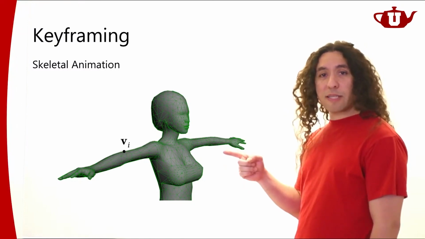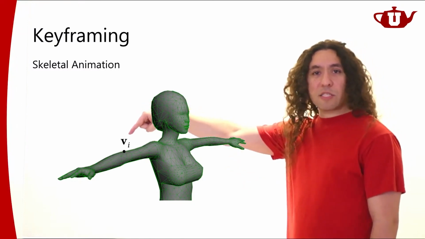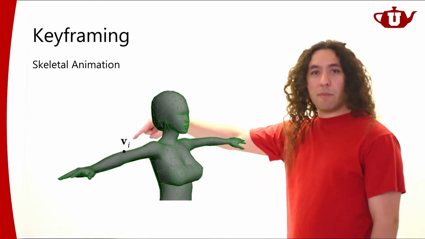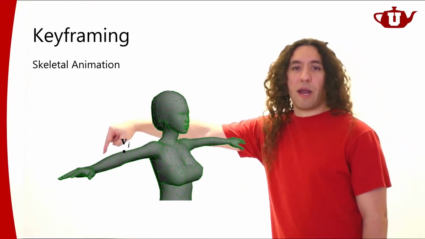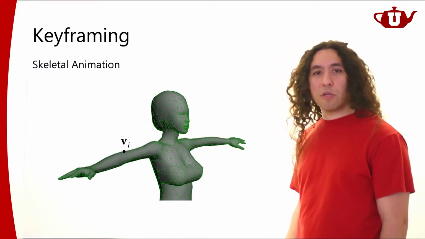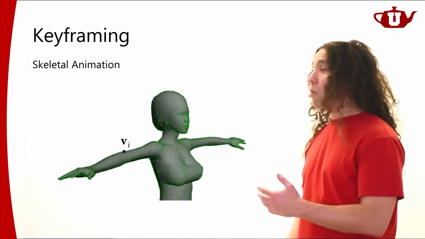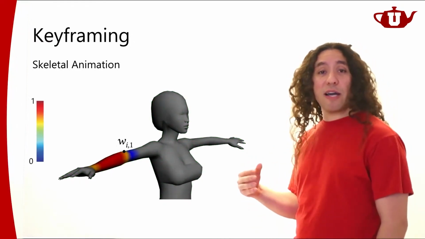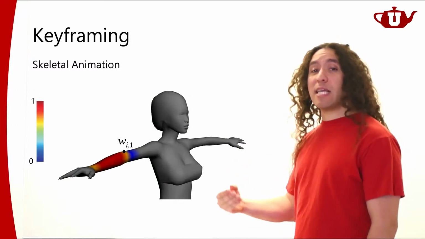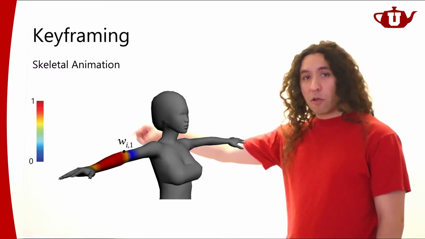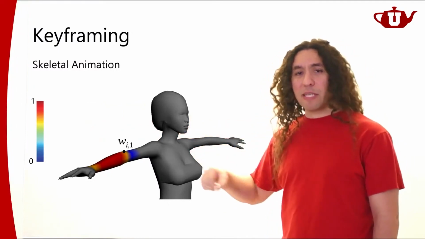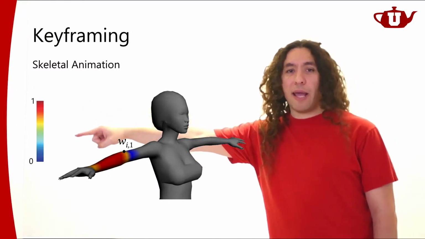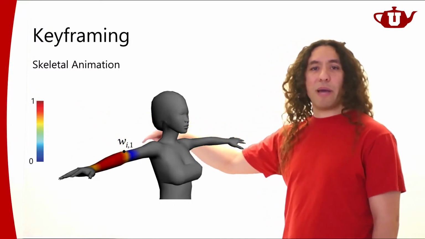Now this particular vertex that I'm showing here is sort of in between two bones, right? So it's going to be impacted by the bone over here and the bone over there. We typically define some sort of weighting function, some weight that specifies how much each vertex is impacted by the bone motion. So in this representation, red means that it's fully impacted by the bone motion, and down to blue, it's very little impacted.